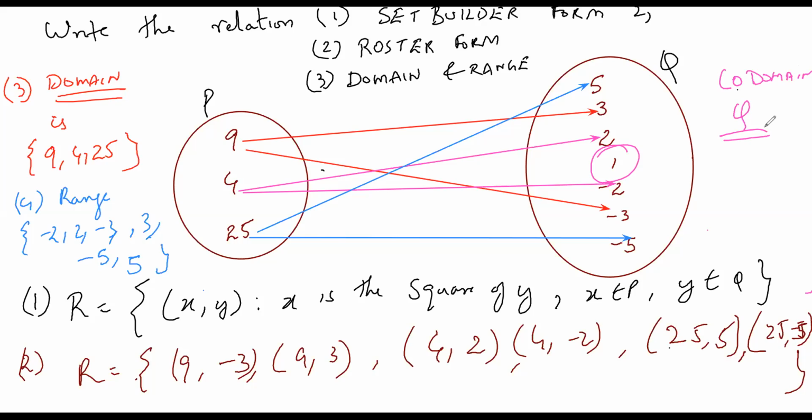So for that I would have to include one in the range, which I'm not doing now, because then the range would become the codomain. So the codomain is nothing but the set Q. The set Q is the codomain of this function. This is just extra info for you guys.